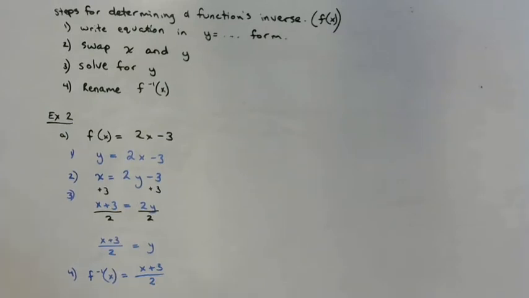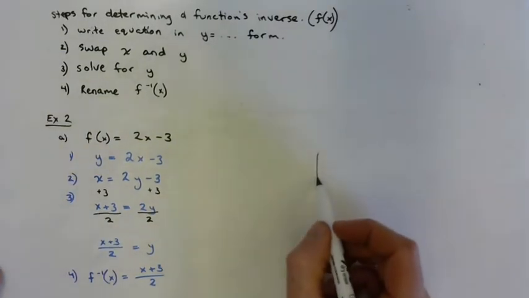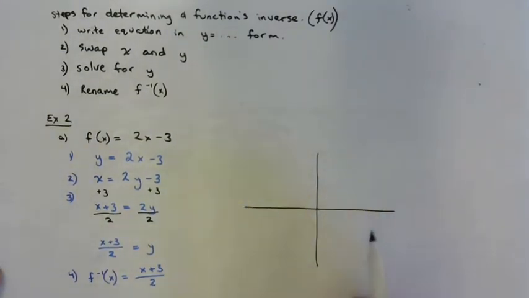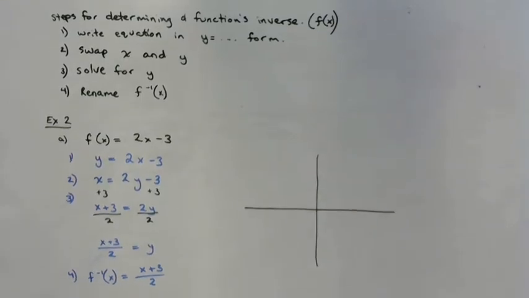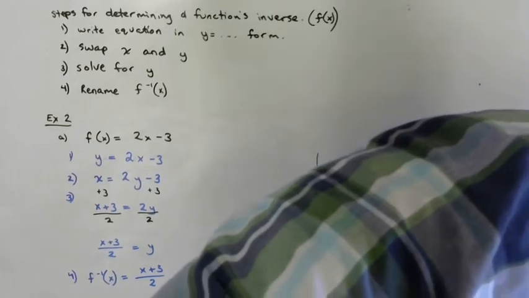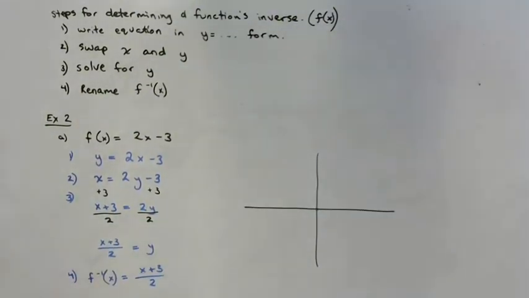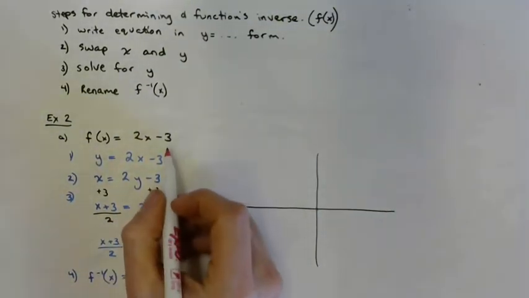Okay, let's graph it. So the original graph, 2x minus 3. What can you tell me about that graph? It's linear.